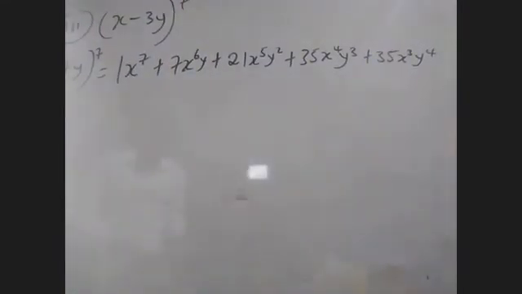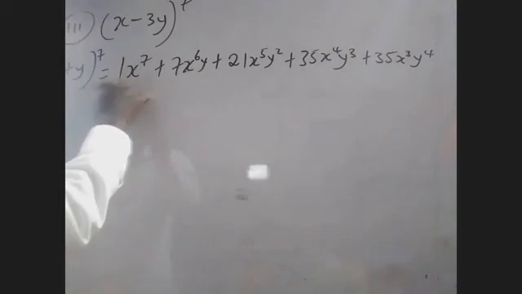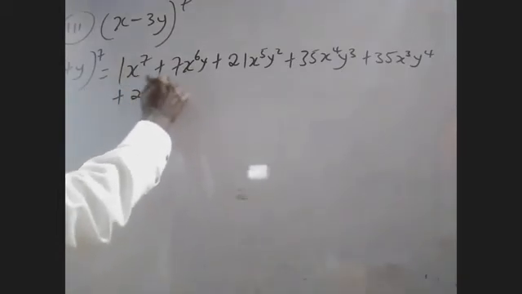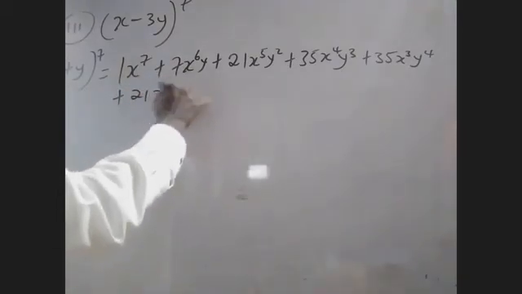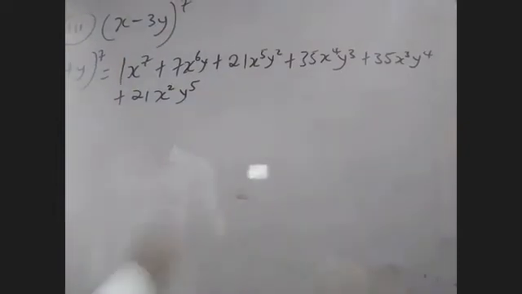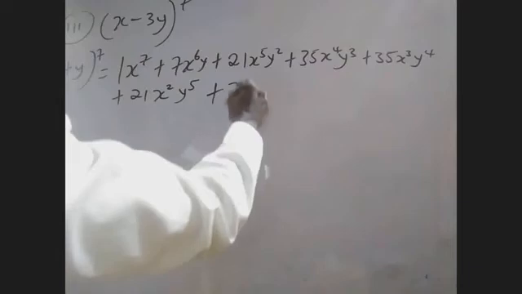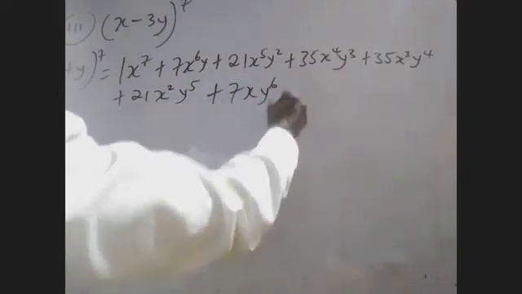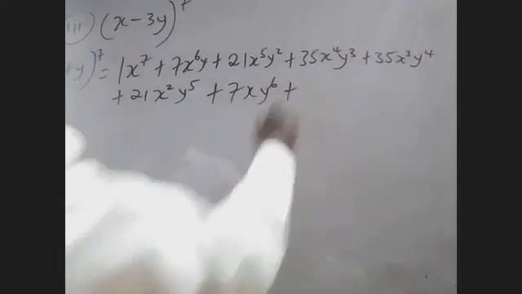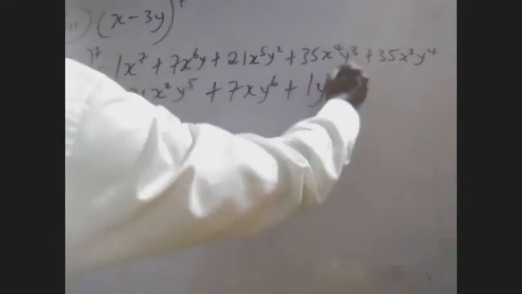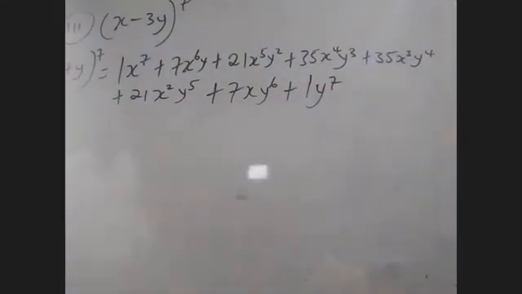Then you have 21 again, plus 21s^2 y^5, plus 7s y^6, plus 1y^7. So this is the expansion.